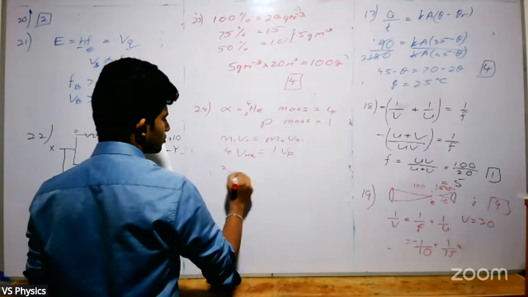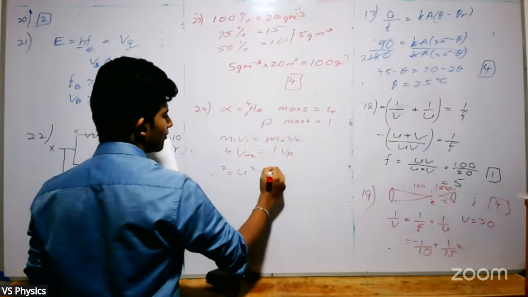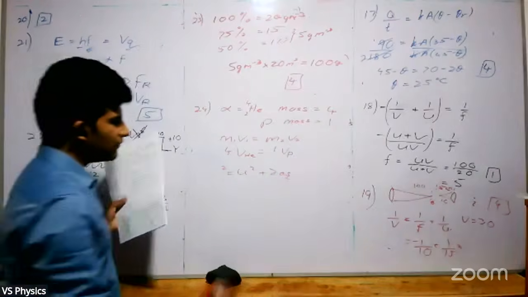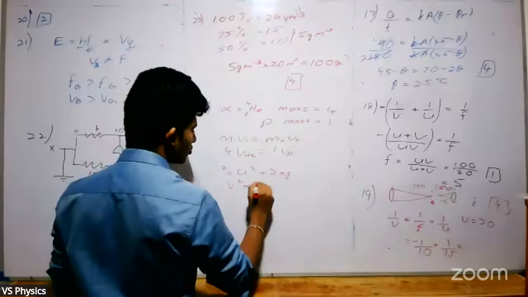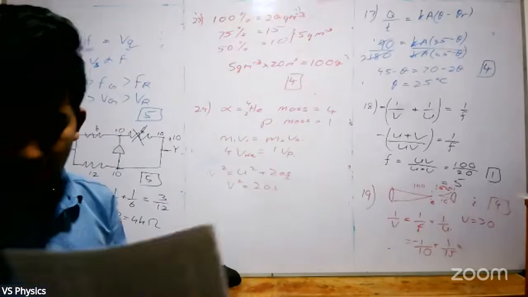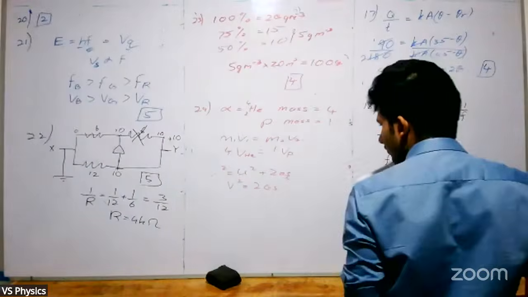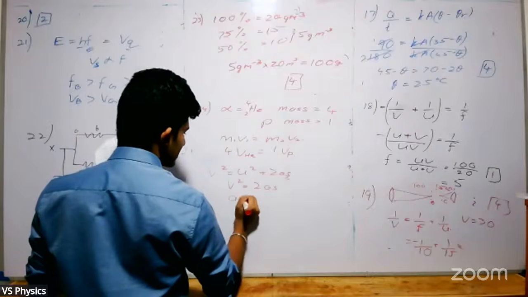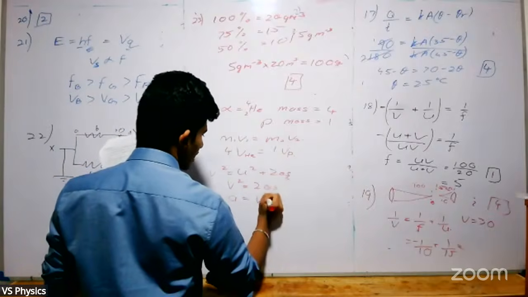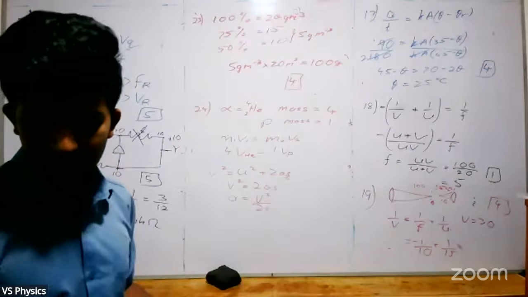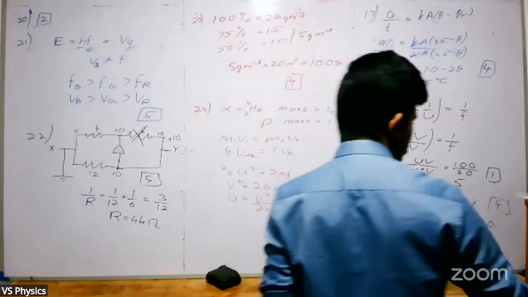V squared equals U squared plus 2as. They haven't talked about time, they have talked about distance. Then we can write V squared equals 2as. Acceleration equals V squared over 2s.